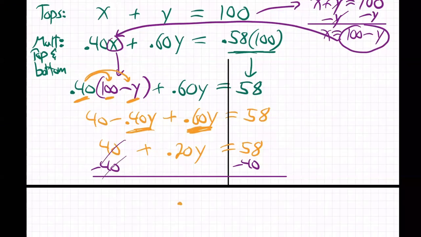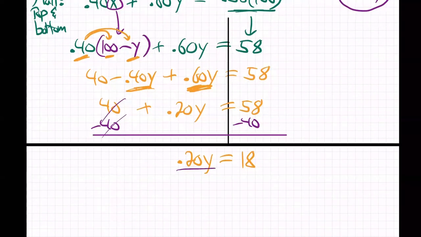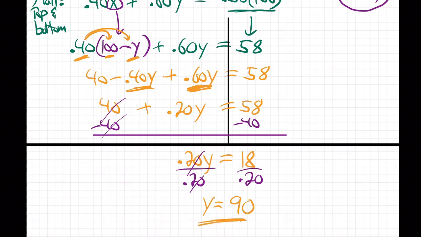And I get 0.20Y is 18. Last step to get Y alone, divide by the 0.20. And boom, Y equals 90. Like that. So I got Y. Y is 90.